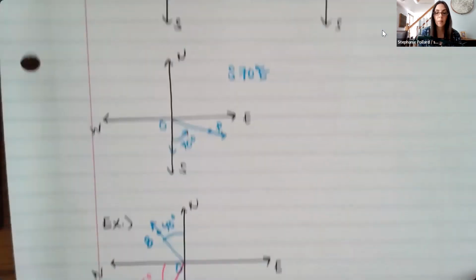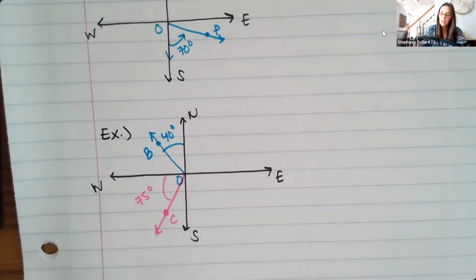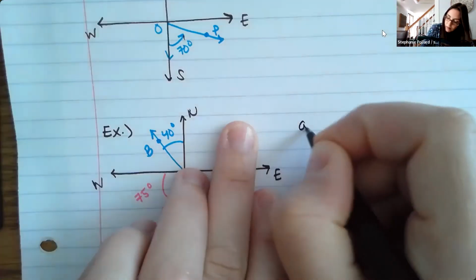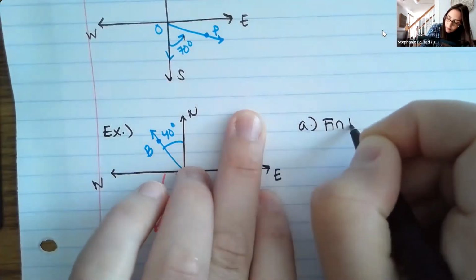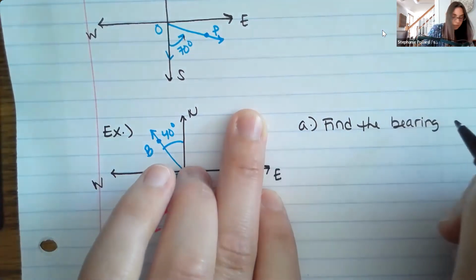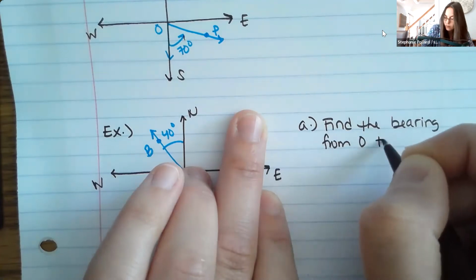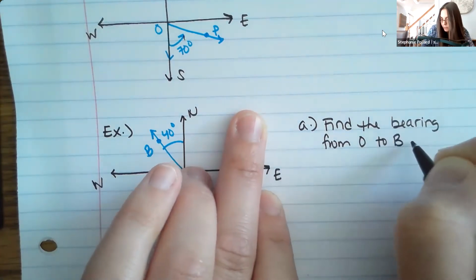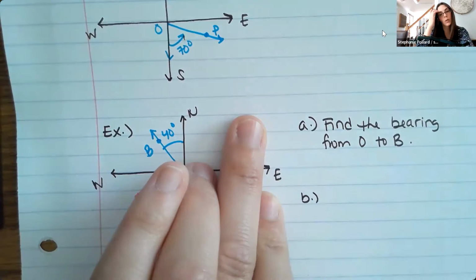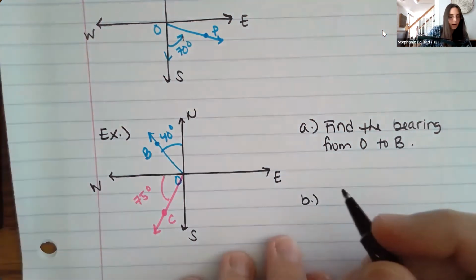So let's do one example here. In each case we're going to find the bearing. For A, we're going to find the bearing from O to B, and O is your origin, so it's at the center, that intersection here.